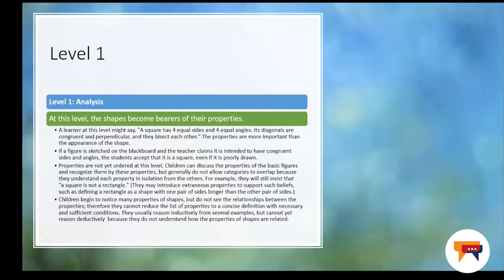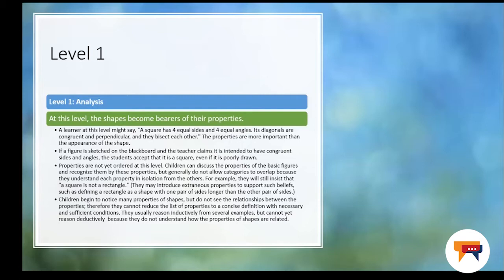If a figure is sketched on the blackboard and the teacher claims it is intended to have congruent sides and angles, the student accepts that this is a square, even if this shape is poorly drawn. Properties are not yet ordered in this level, which is the analysis level.